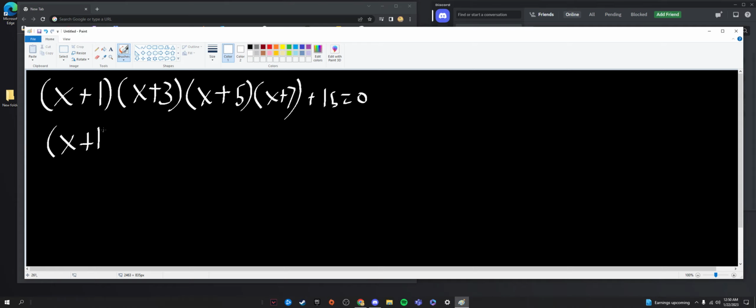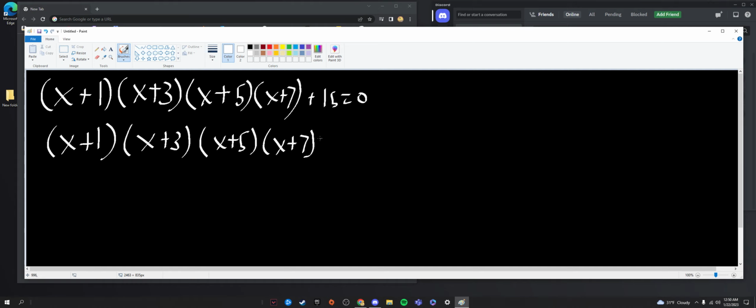Then I want to make some logical conclusions about the possible values of x. We know that there is an even number of things we're multiplying. There's 4 little terms, and they come out to a negative number.